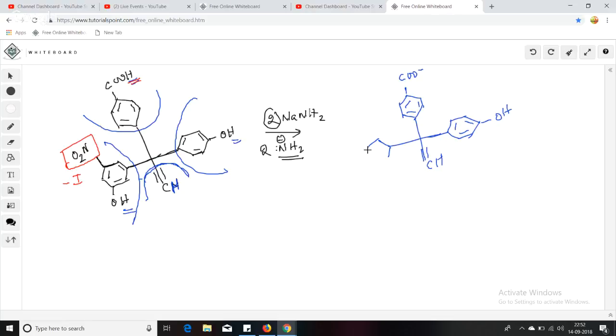Here we have the benzene ring, this NO2 will be as it is, and here we have O minus.